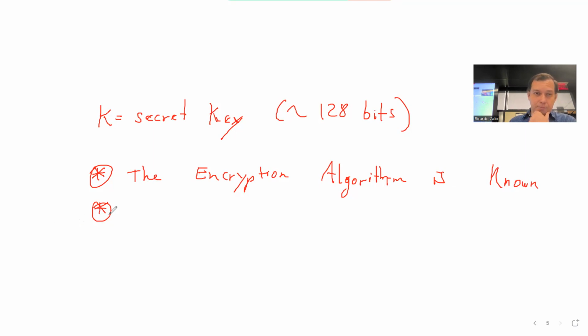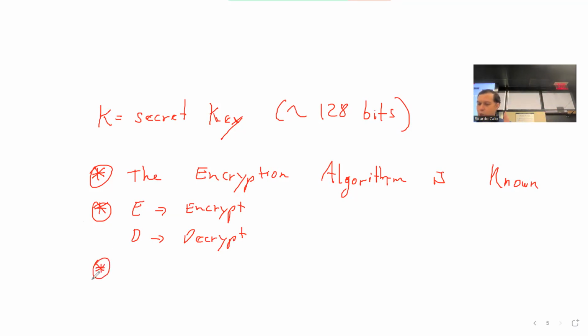All right. So E is the encryption algorithm, and D is the decryption algorithm. So that's the encryption and decryption algorithms. The only secret in symmetric key, so currently I'm only talking about symmetric key encryption, the only secret is the key.